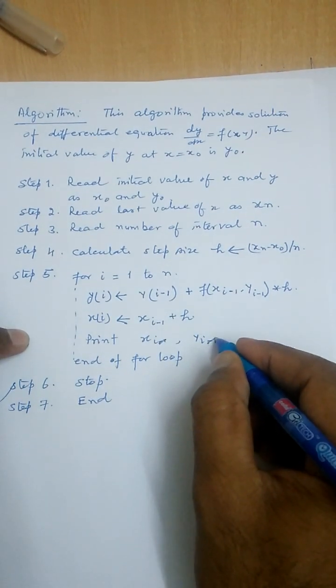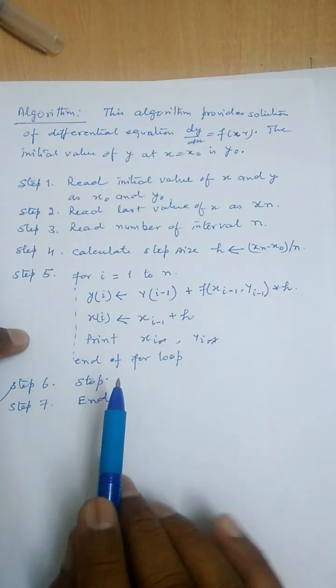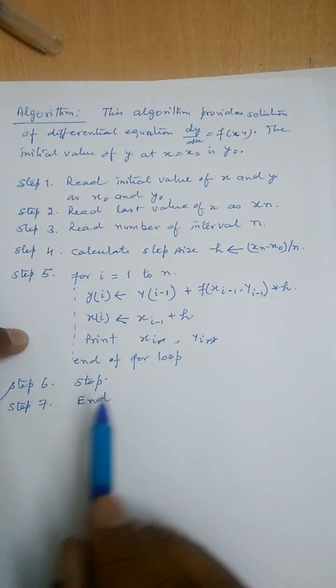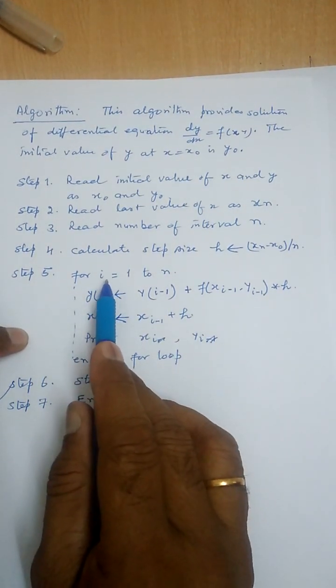Here I think it will be better if I do this one, because we have to move from the first point onward. The value at the first point is already known, therefore from the second point onward, because the loop starts from i equal to 1.